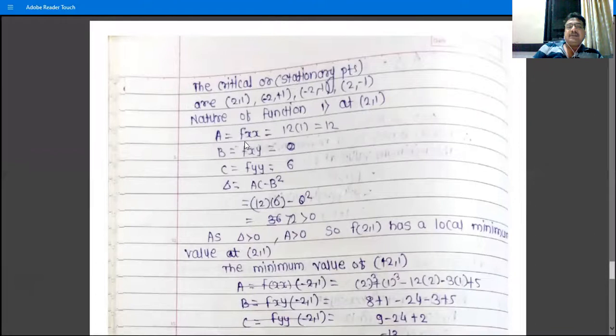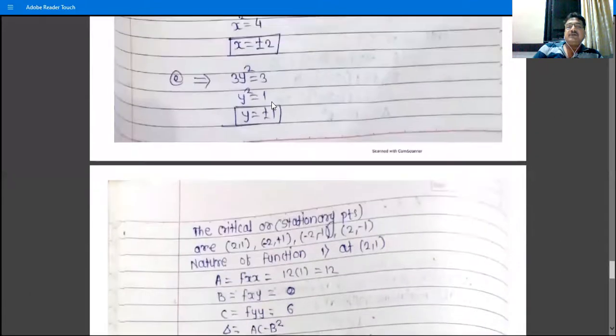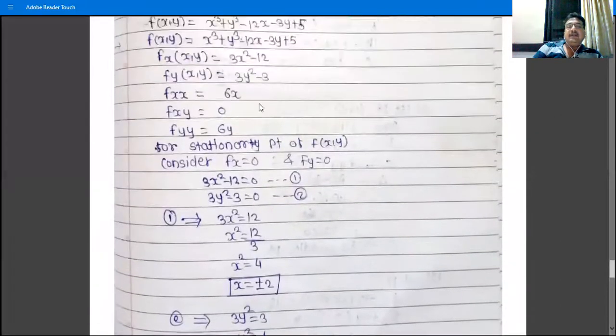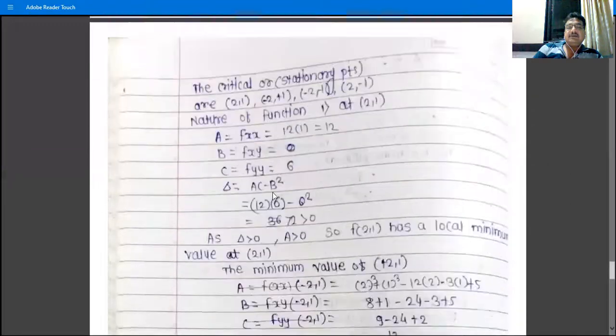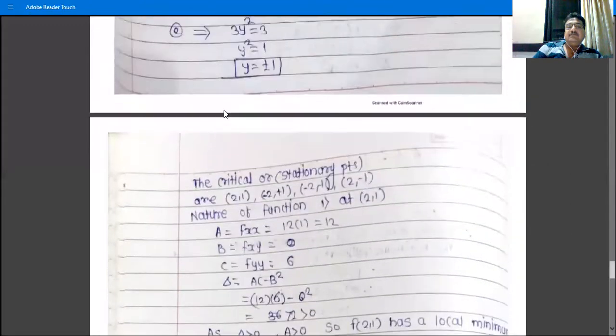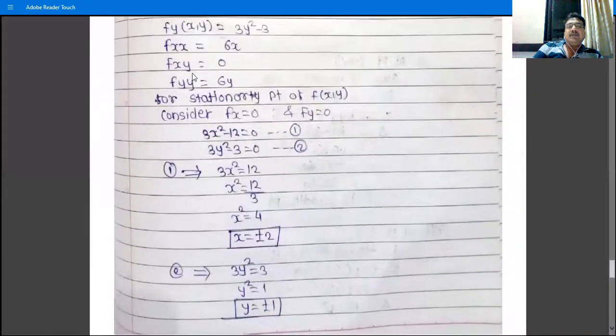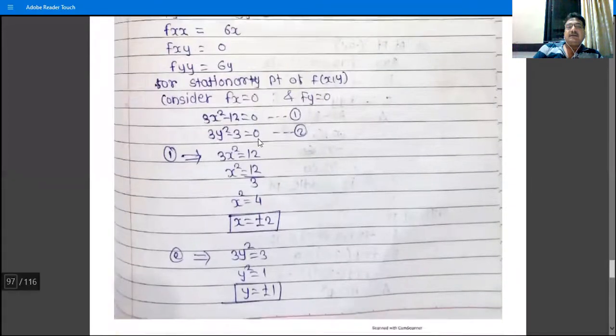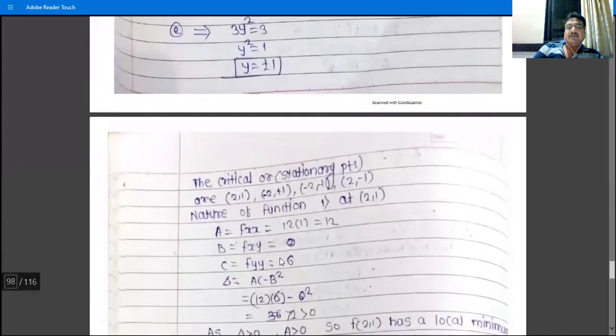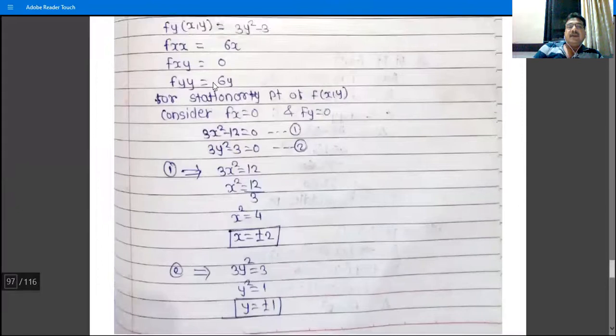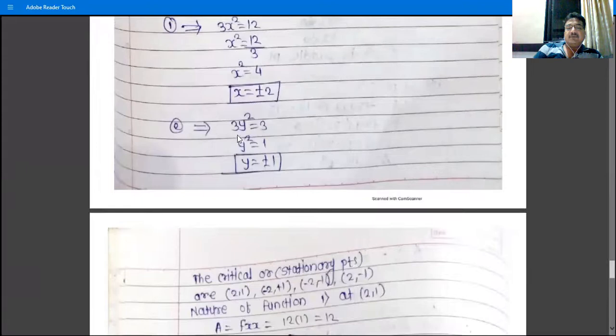Find capital A, that is the value of fxx at (2, 1). Substitute x as 2 and y as 1 in fxx. So fxx is 6x, that is 6 into 2, which is 12. Then B is the value of fxy at the point (2, 1), which is 0. And then the value of fyy at (2, 1): substitute x as 2, y as 1.